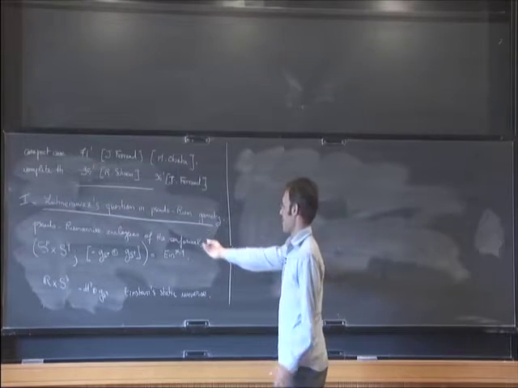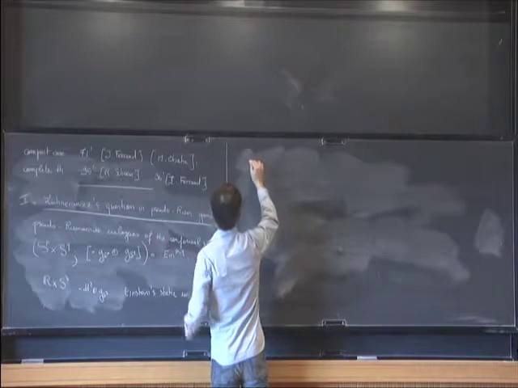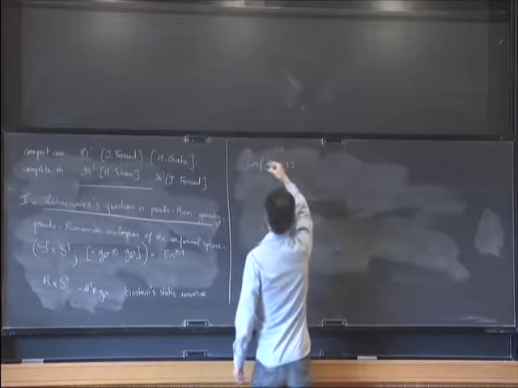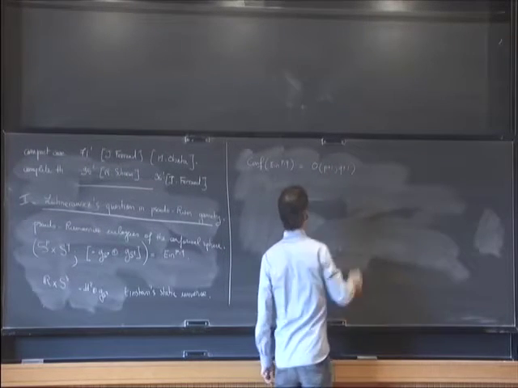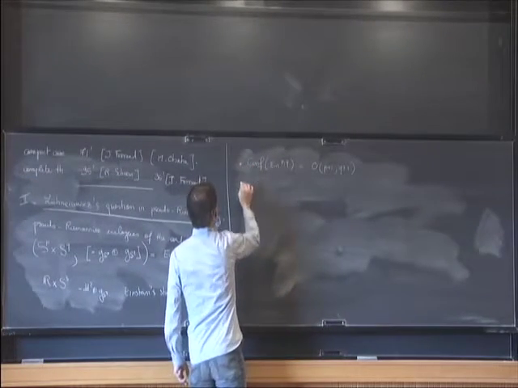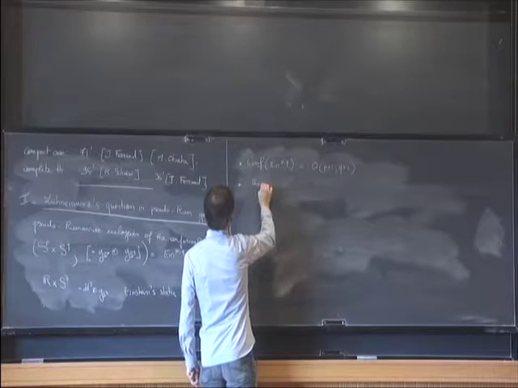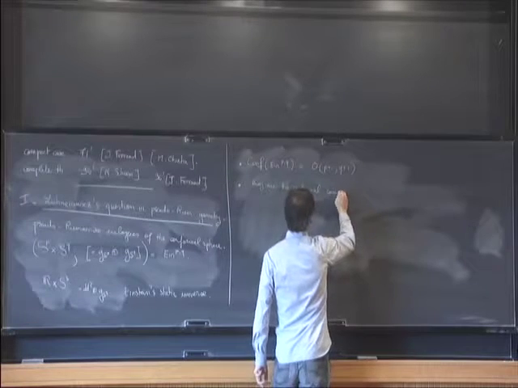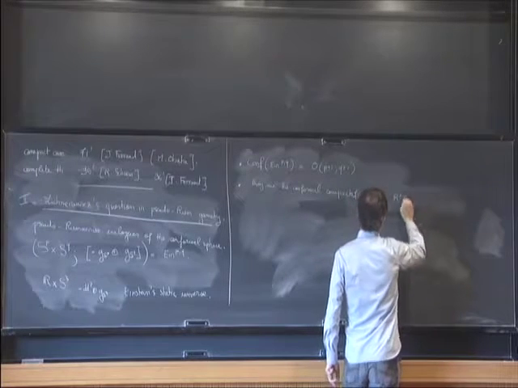So what are the properties of those Einstein spaces? The main properties are that they are very symmetric. Their conformal group acts transitively on them and is a generalized Möbius group, OP plus 1, Q plus 1. Other properties are that they are the conformal compactification of Minkowski space of signature PQ.